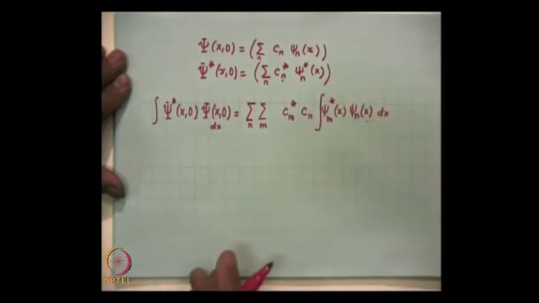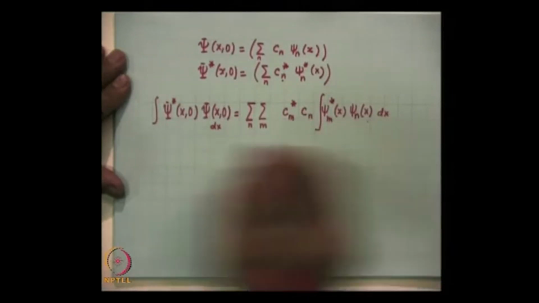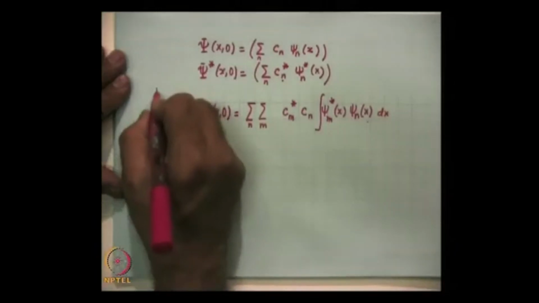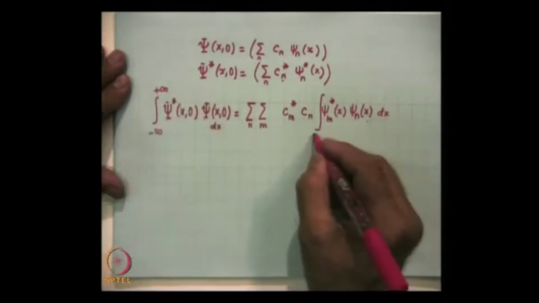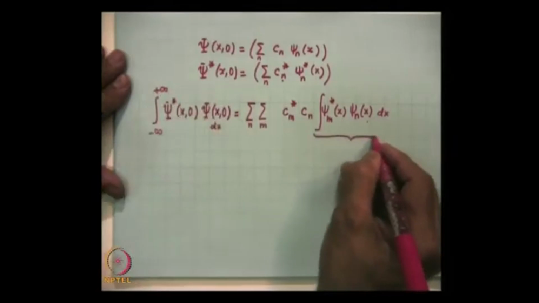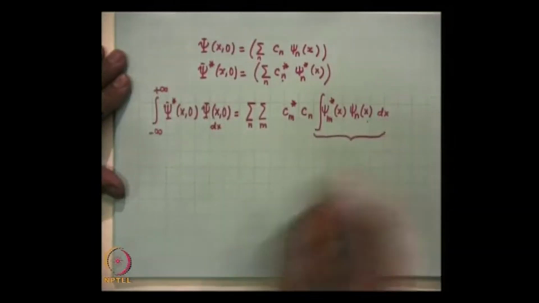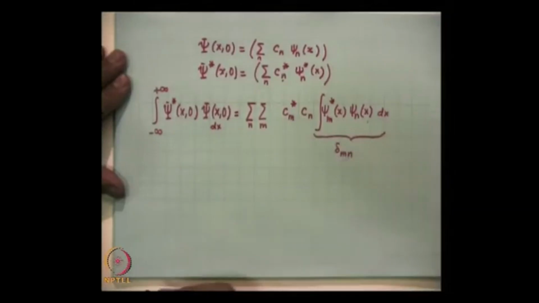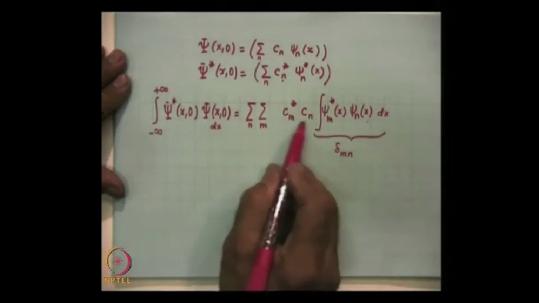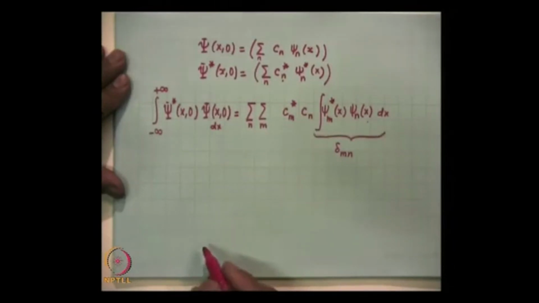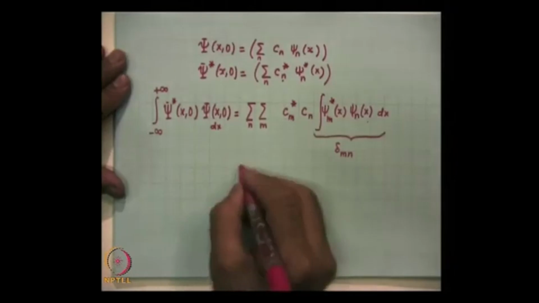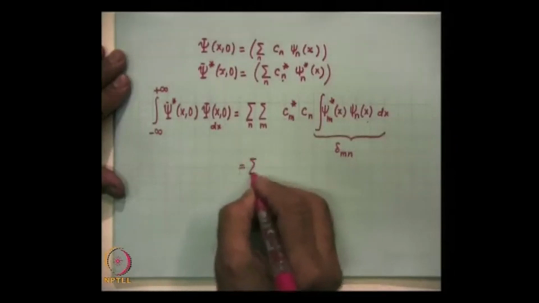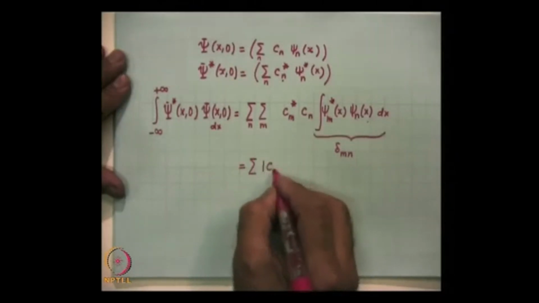So I can carry this out, with the limits of course from minus infinity to plus infinity. From the orthonormality relation, we know that this is equal to delta m n. So only the m equal to n term will survive, and therefore this will be modulus of C n squared.